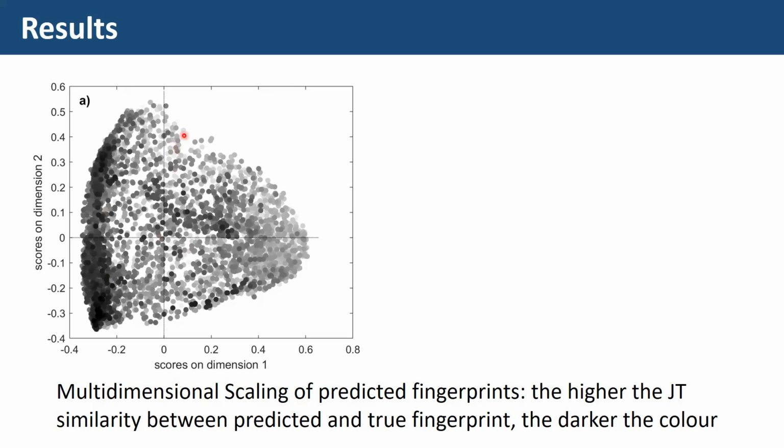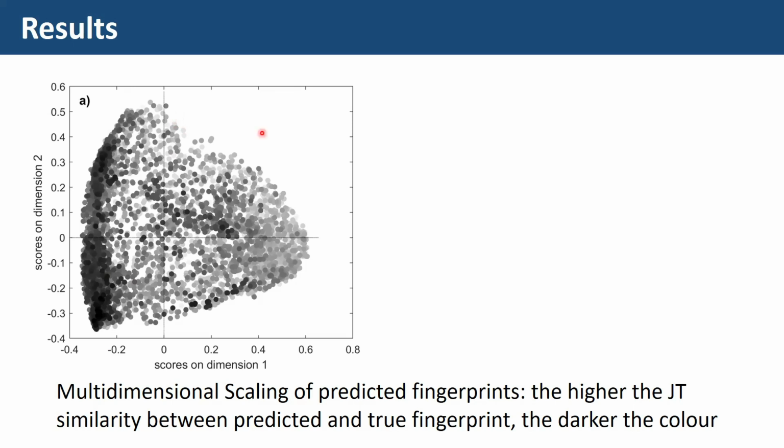So each point in this plot, which is the score plot of the multidimensional scaling, is one of the fingerprints predicted by our neural network for the test set. Close points are fingerprints which are similar, and the color indicates how similar that fingerprint is to the experimental fingerprint.